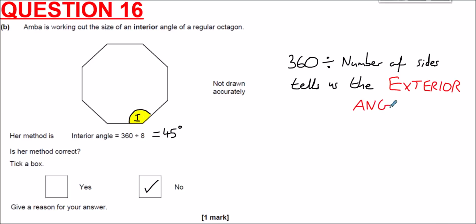So she's confused the interior angle calculation for the exterior angle calculation. This angle here, 45 degrees, would be what the angle would be on the exterior. So what she's calculated is this one here on the outside.